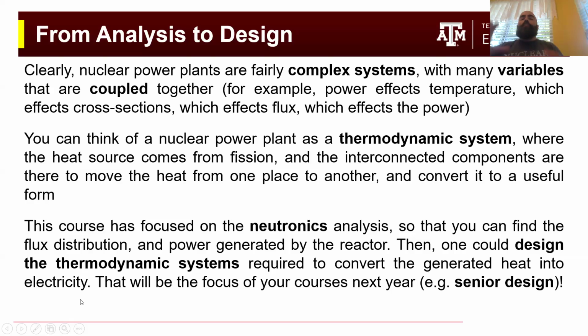Once you know how your power is distributed and how your temperature is distributed, you could do CFD or other kinds of analyses to understand what the fluid flow through my reactor looks like. How could I optimize my fluid flow so that I get the most efficient heat removal from my system and so that I don't end up overheating any parts of my reactor? You could then use your knowledge from heat transfer to design the thermodynamic components that would be involved with making this big system that can convert that heat into electricity.